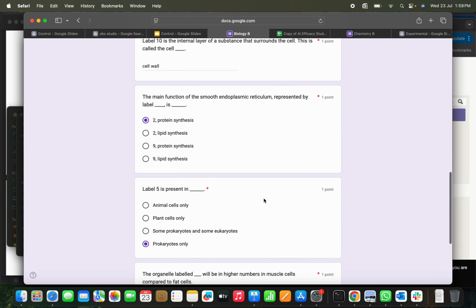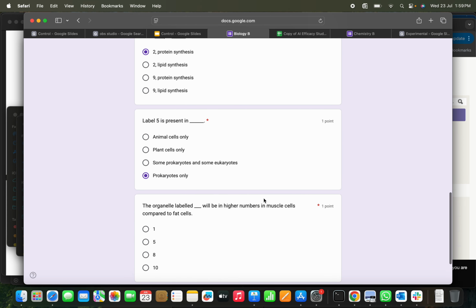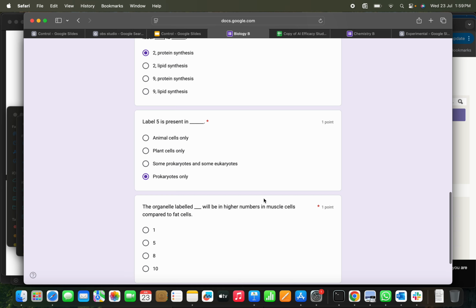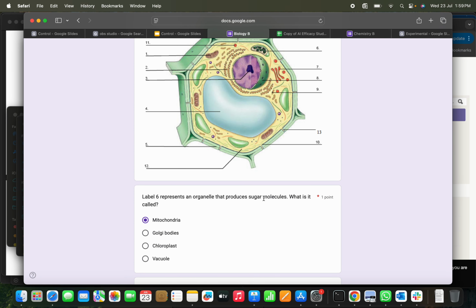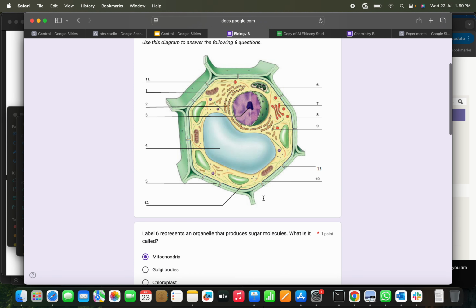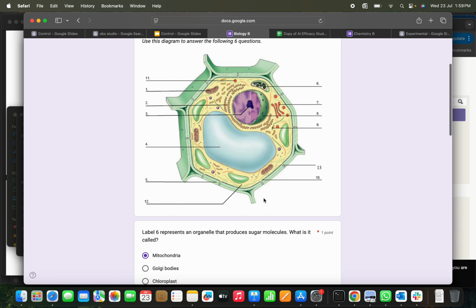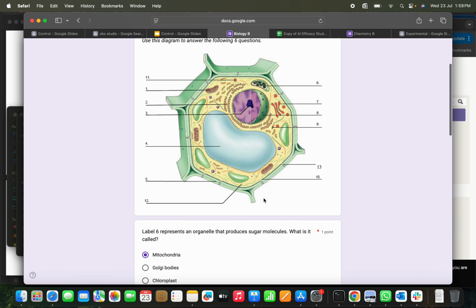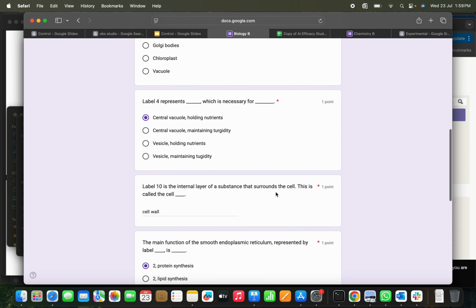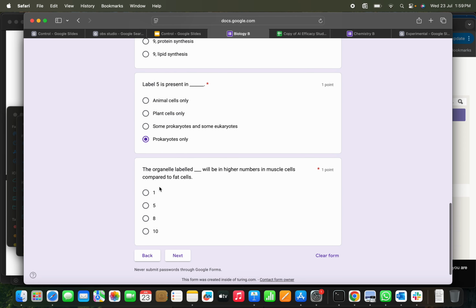The question asks, this will be high in muscle cells compared to fat cells. 1, 5, 8. I'll go with 1, but I have no clue why.